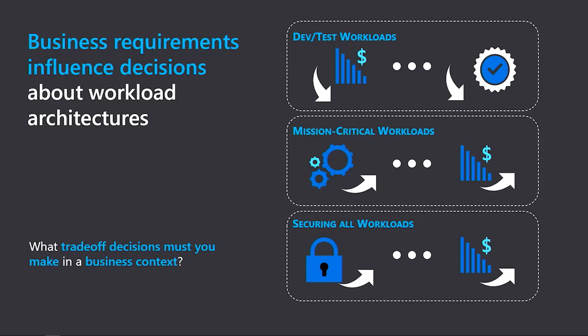So for example, development workloads. Optimizing cost in development workloads may be the right approach, even when it may impact reliability, if it's in line with the business expectations. On the other hand, mission-critical workloads, where you're looking to improve performance for a mission-critical workload, that may be the right business decision, even at the expense of increased cost.